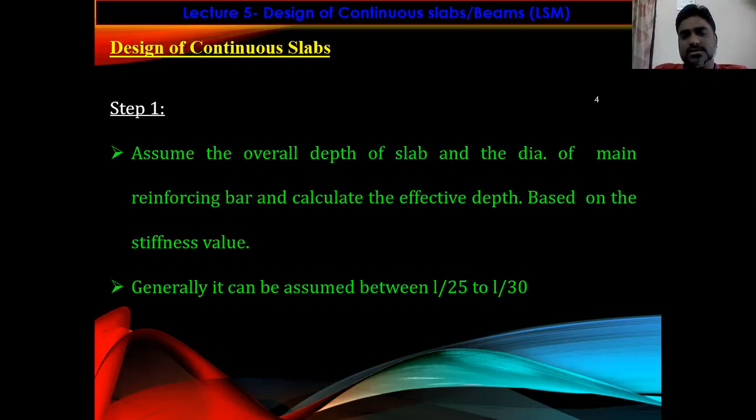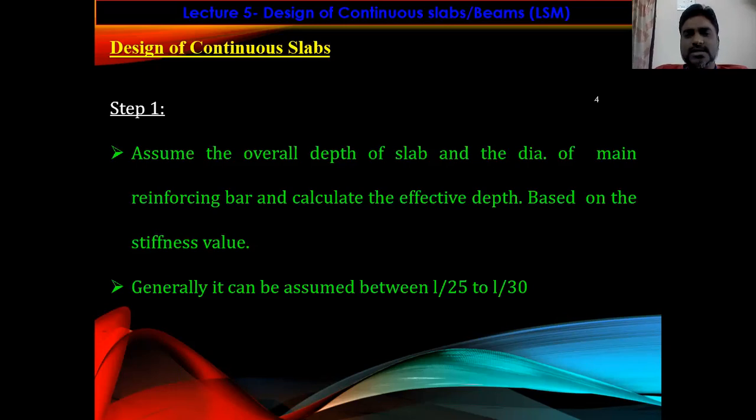So here also you should assume the thickness or effective depth of the slab, and determine the overall thickness of the slab. Or you can assume the overall thickness of the slab and determine the effective thickness of the slab, that is the effective depth of the slab.